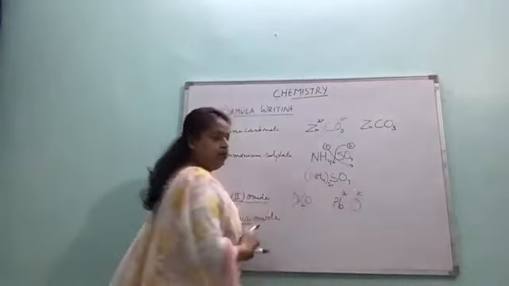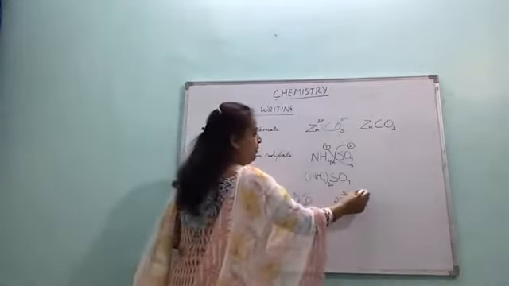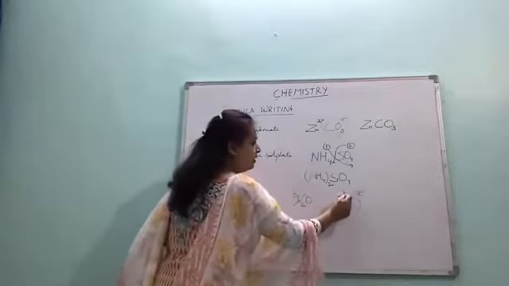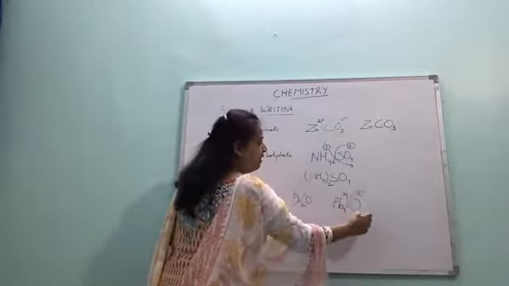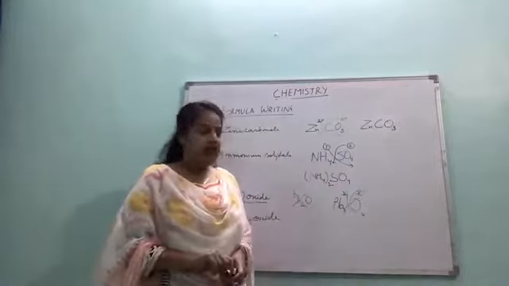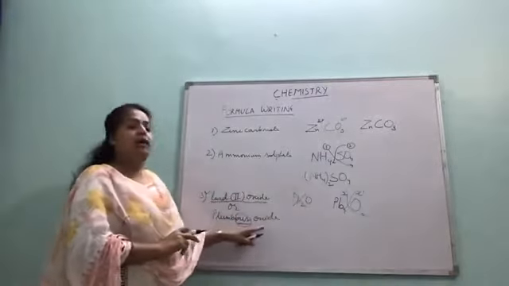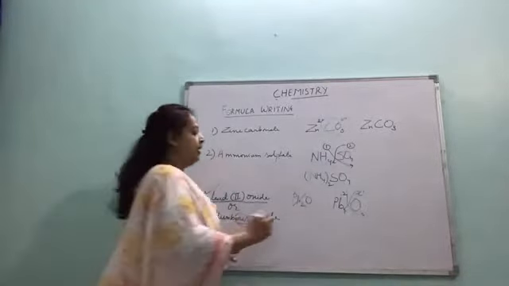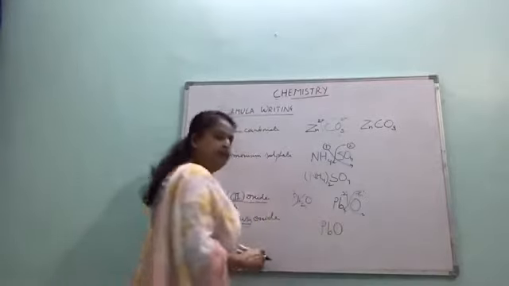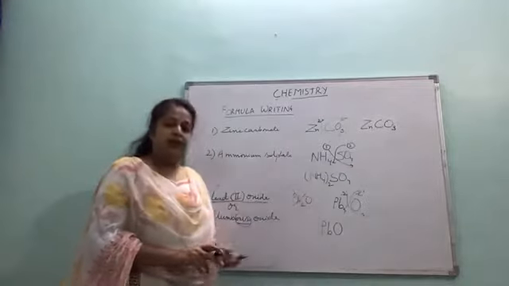Both are reducible by 2. So what is left? 1 and 1. When you cross it, it would be 1 and 1. 1 as a subscript we don't write. So what is the formula of lead 2 oxide or plumbous oxide? It is PbO. Alright, so PbO is lead 2 oxide.